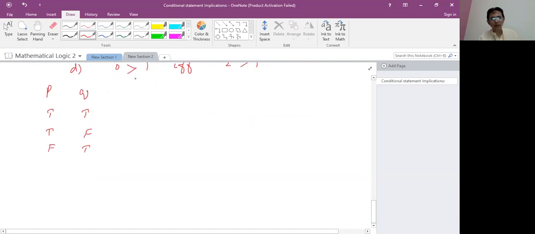And 0 is greater than 1 is false. And if and only if 2 is greater than 1, so the statement, then we consider again, I have made a mistake.